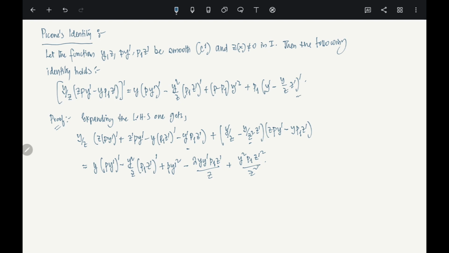Okay, so now you see we are already here. So basically what we have is y p y prime whole prime minus y square by z p1 of z prime whole prime plus, now I will just write it like this, (p minus p1) y prime square plus p1 (y prime minus y by z z prime) square.